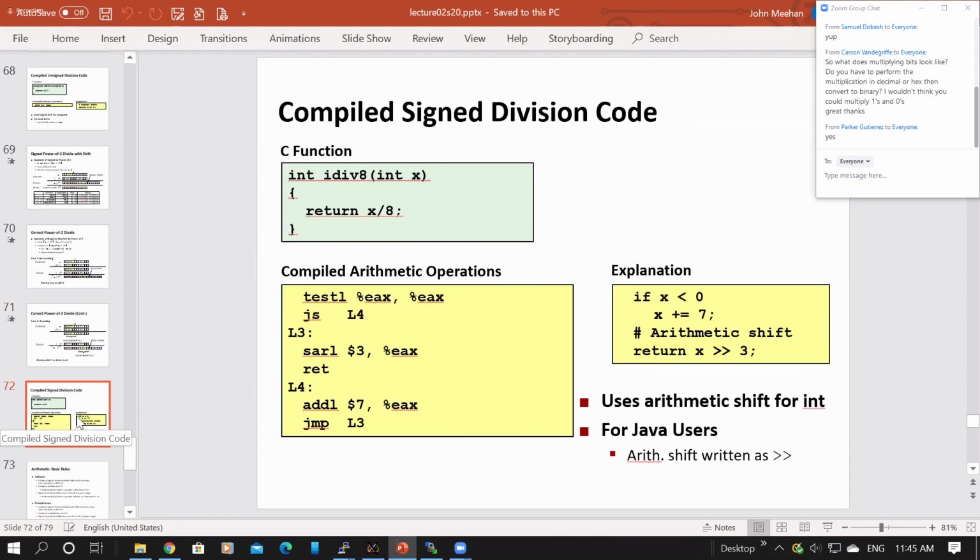So now to actually see how we could truly simulate division of these signed quantities using the shift operator, we would have some code like this perhaps. The test long word instruction, you'll learn a lot more about test instructions later, is just executing this instruction for the side effect of lighting up some of those condition code bits.